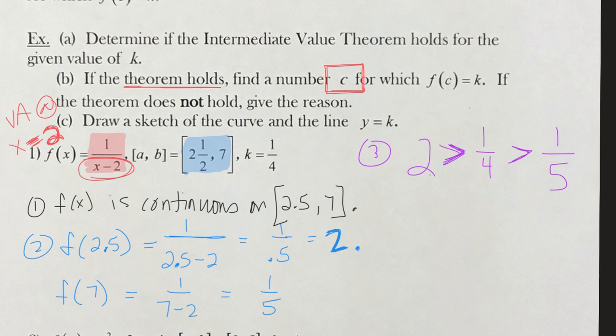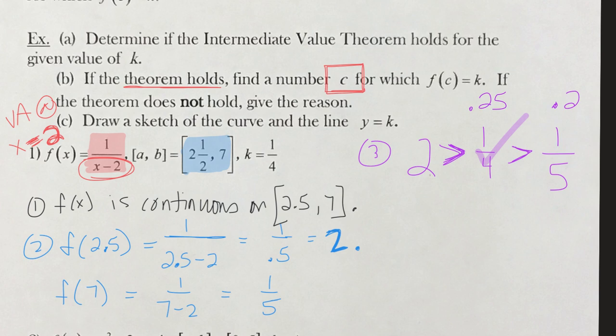Right, 1/4 is 0.25, 1/5 is 0.2. So yes, this does in fact check out. Our k value is in between your two endpoints.